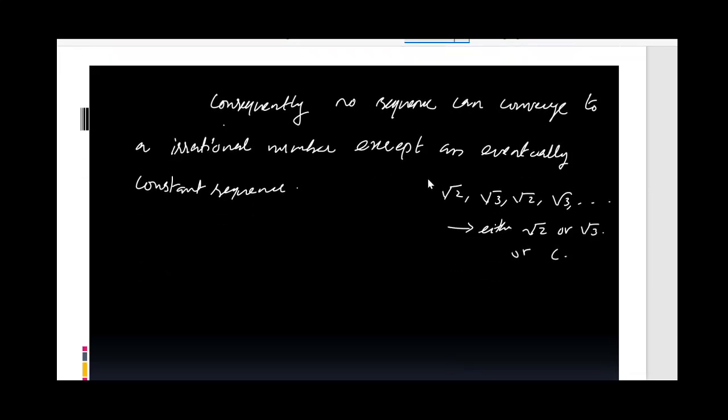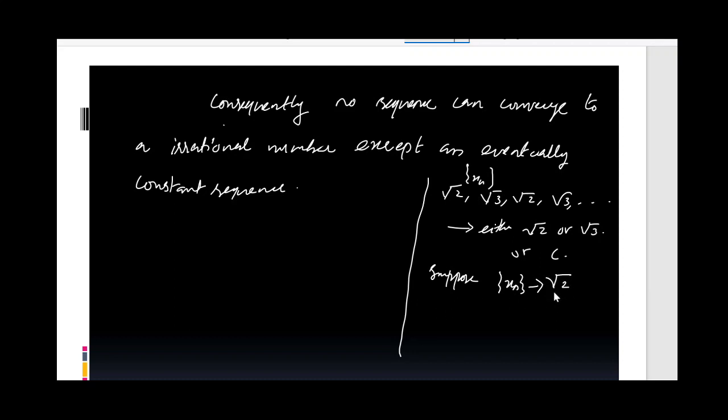Now suppose my sequence xn converges to root 2. What will happen?